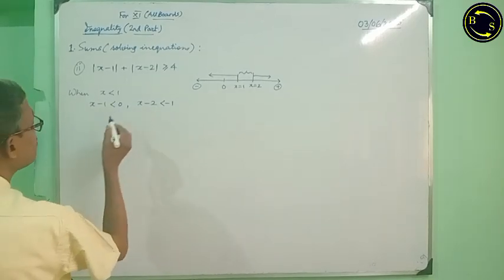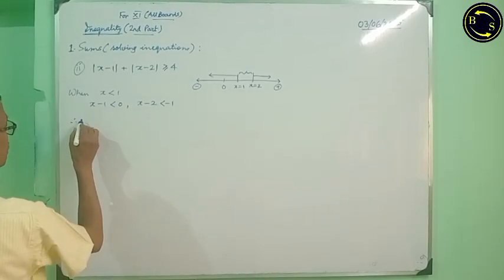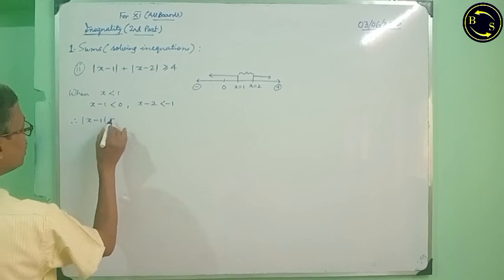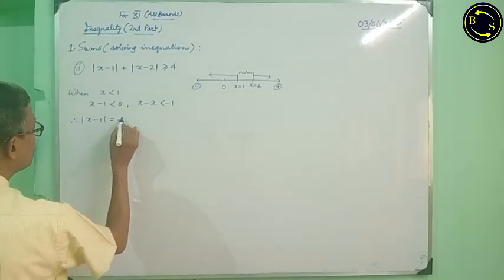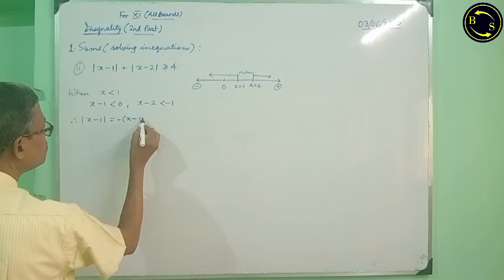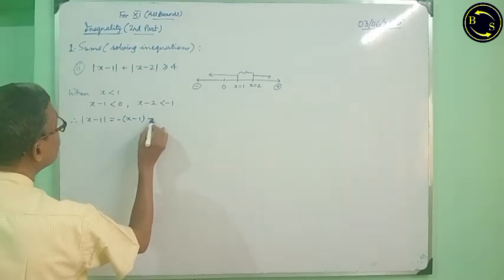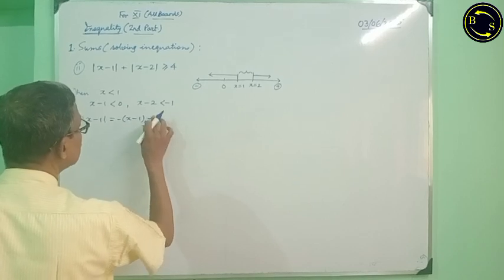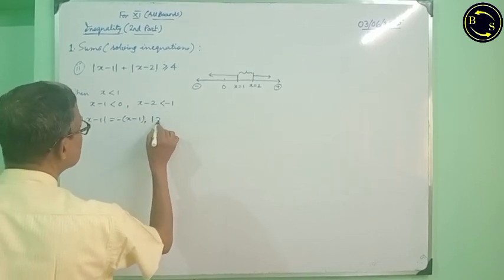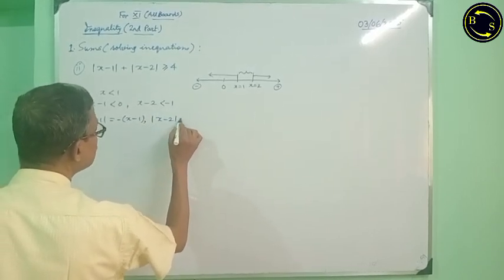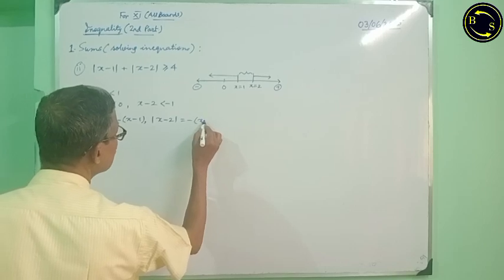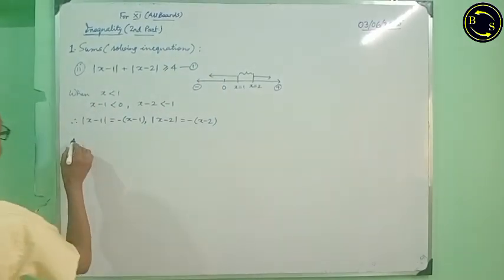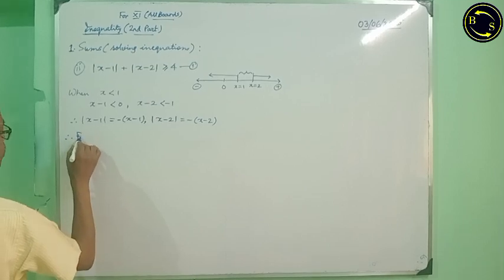Therefore, both are negative. Therefore, mod of x minus 1 is equal to minus of x minus 1, and mod of x minus 2 is also minus of x minus 2. We call this as 1.